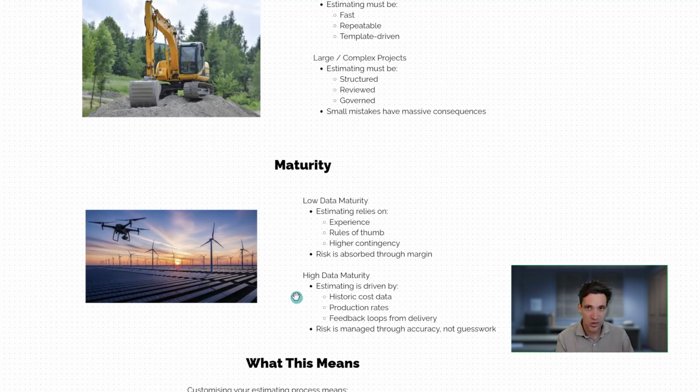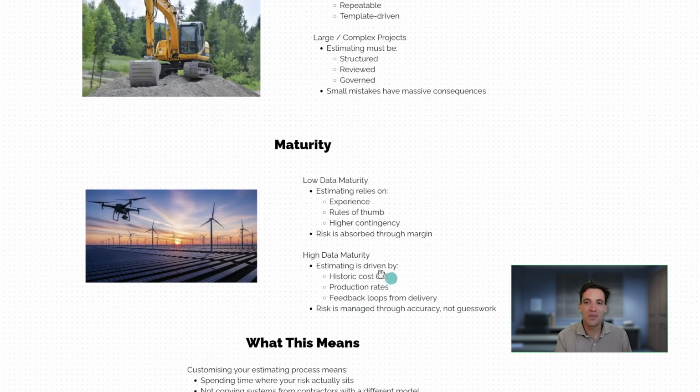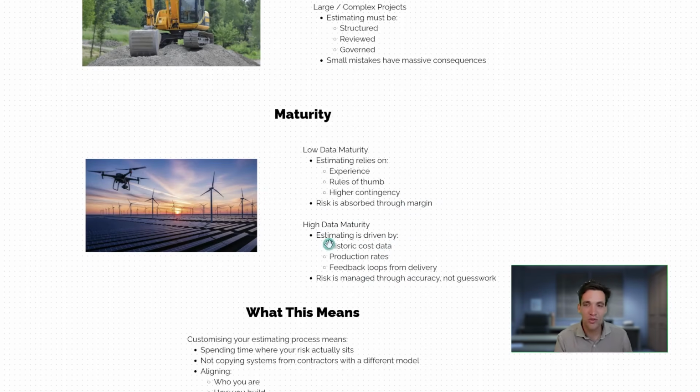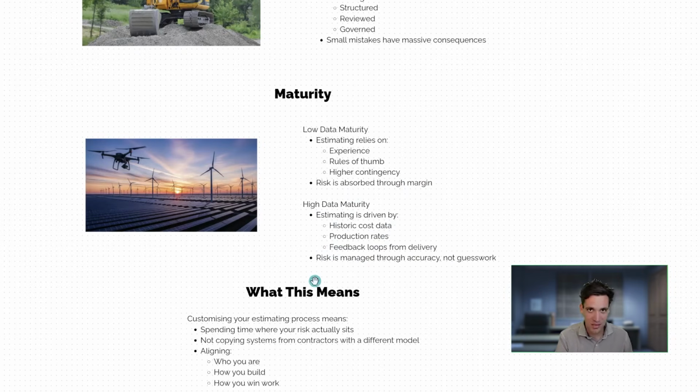They've got lessons learned about commercial exclusions or inclusions and issues they run into, and they build this into an estimating process. Basically, if you have a high data maturity business, their risk is managed through accuracy, not guesswork, when low data maturity tends to be more about a risk management approach where your risk is absorbed through higher margins.